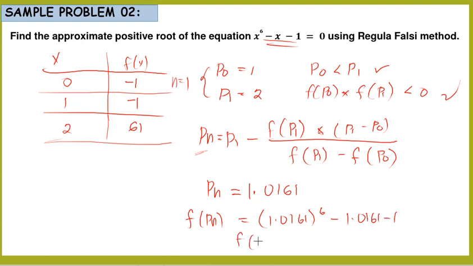Ang value natin for the function of Pn is equal to negative 0.91537. Okay? So, our function of Pn is a negative value. So, yung function of Pn natin, if our n is equal to 1, is a negative value.